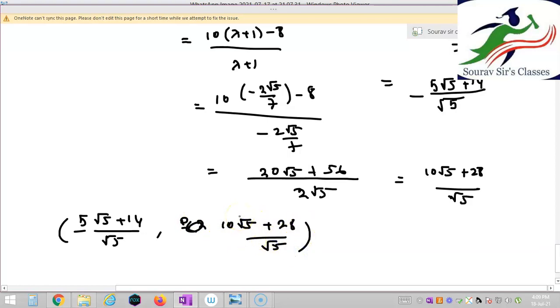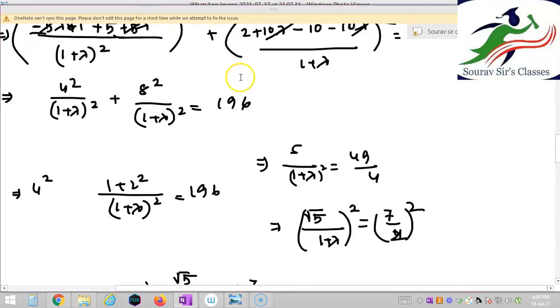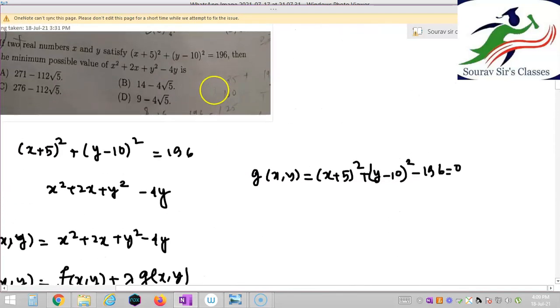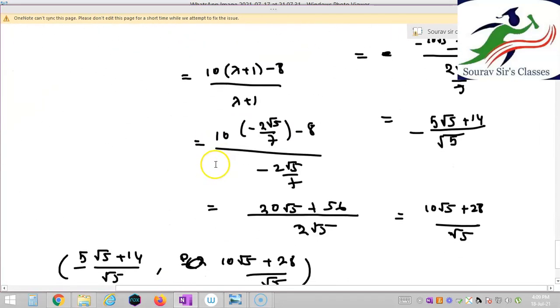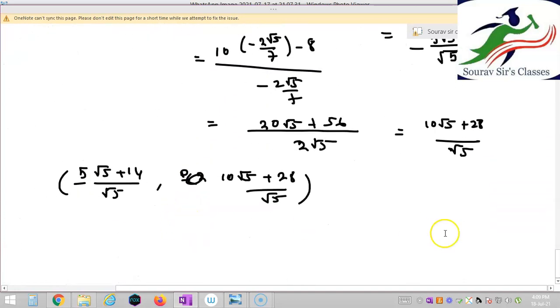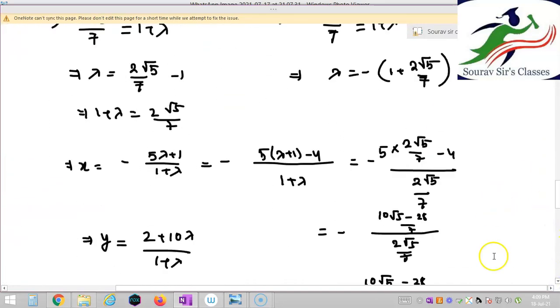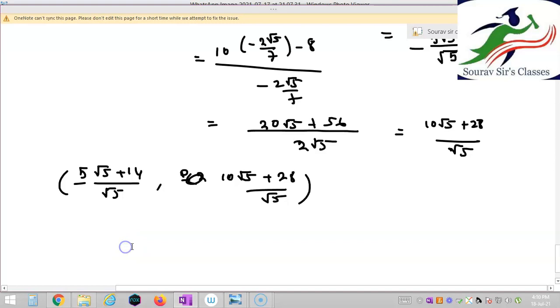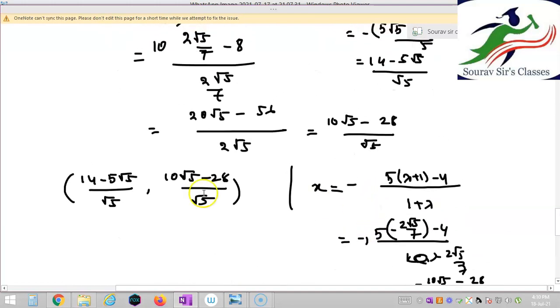Now we need to put these values in the given equation to see which value is minimum. So this is the given equation. So now we are going to put this value in this given equation. We need to put the values here. So for this, first of all, let us see the values, first values of x and y.